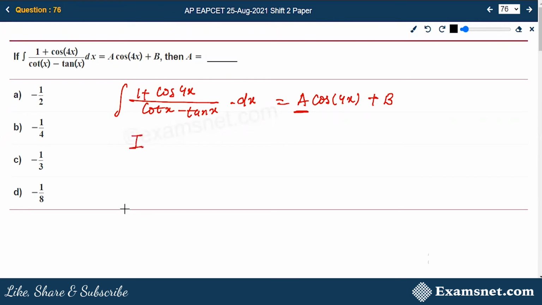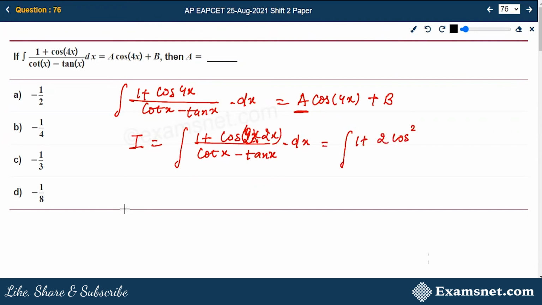So again, let I be this integral of 1 plus cos 4x divided by cot x minus tan x into dx. This 4x can be written as 2 into 2x. So this will become 1 plus 2 cos square 2x minus 1 upon, I'll split this, cot x will be cos x upon sin x minus sin x upon cos x.